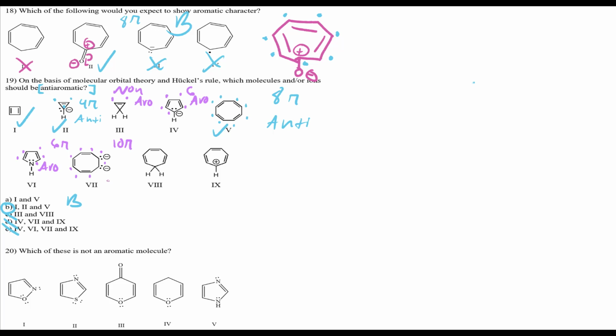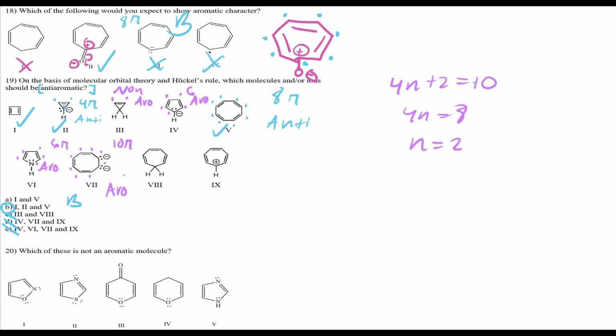We have conjugation, but we have 10 pi electrons, so that's kind of weird. Let's make sure that it's right. So we have 4n plus 2 is equal to 10. So 4n is equal to 8, and therefore n is 8 divided by 4, which is 2. 2 is a whole number, and therefore it would be aromatic.